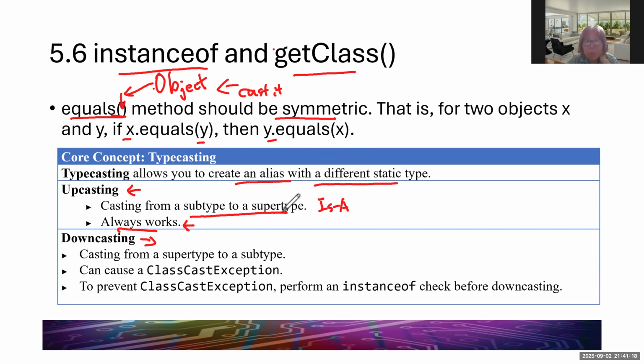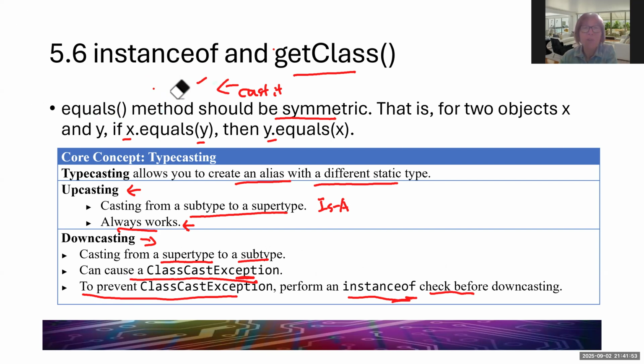Maybe or maybe not. That means you cast a superclass to a subtype. When we do this downcasting, sometimes it may cause an exception called ClassCastException. We will discuss exceptions in a later chapter. To prevent this kind of exception, generally speaking, we can do an instanceof check before we downcast.